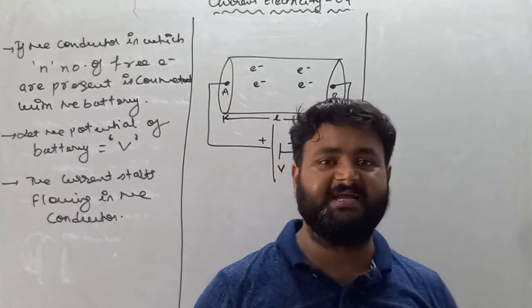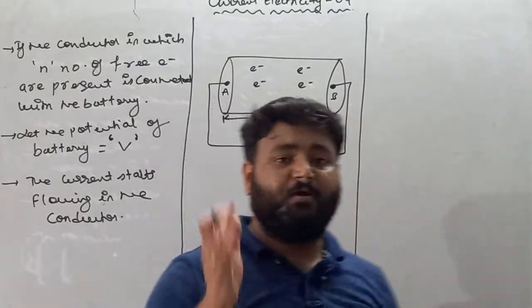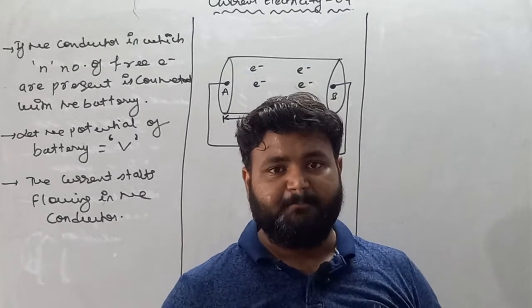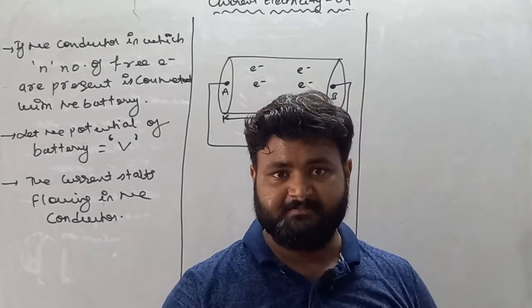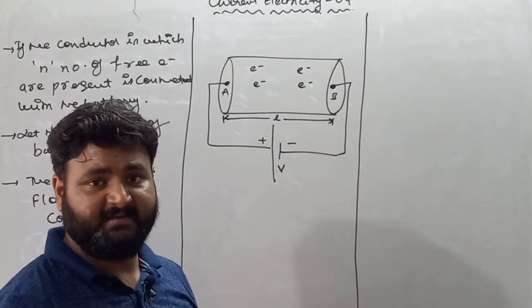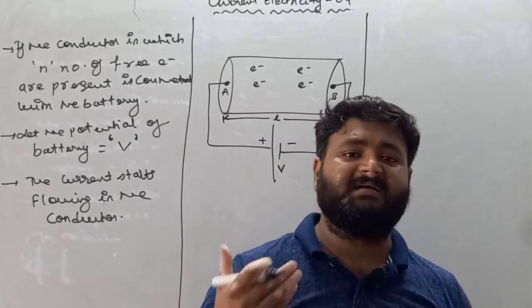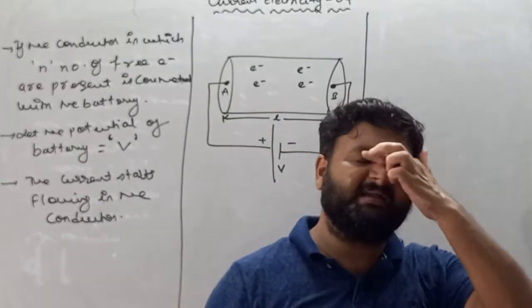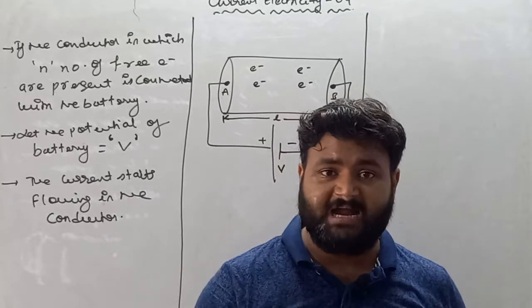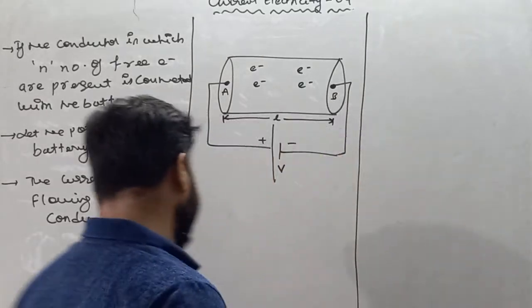After connecting the battery of potential V, the battery creates something so that current starts flowing inside the conductor. So our task is now to understand what actually happened after connecting the battery. Let's check it out.